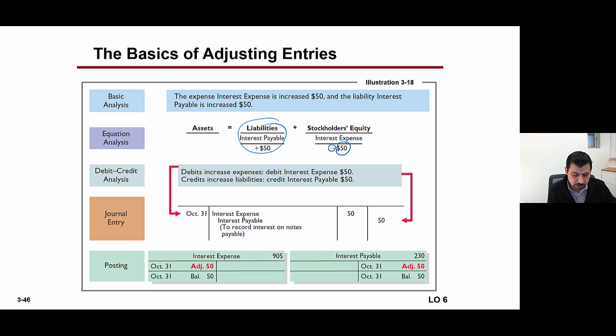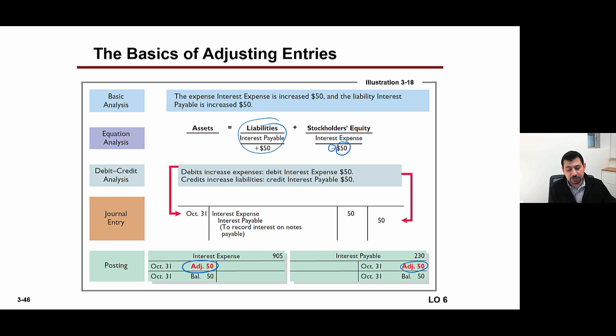In the adjustment, we have debited the expense account and credited the liability account. Here the interest expense is basically the interest charges for the month of October. The interest payable is the charges at the date of the statement, and this is the liability, the obligation that the company has now.